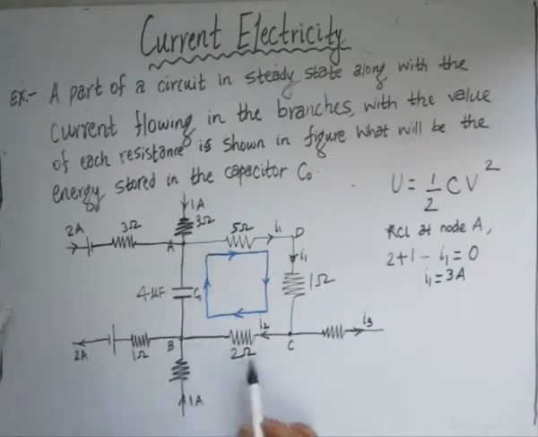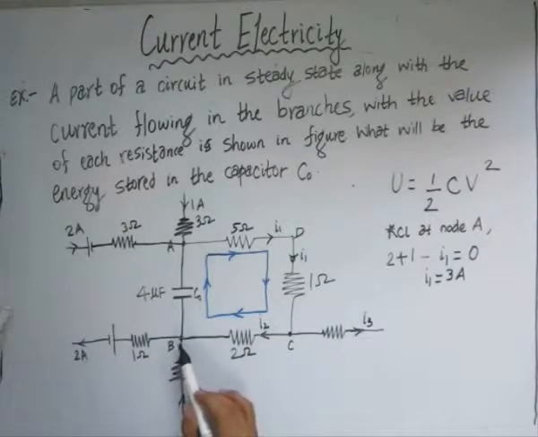Now the second thing is to determine the value of I2. In order to determine I2, we can consider this node B. If we apply KCL at node B, we can see that 1 ampere and I2 are the incoming currents to node B, whereas 2 ampere is the outgoing current.